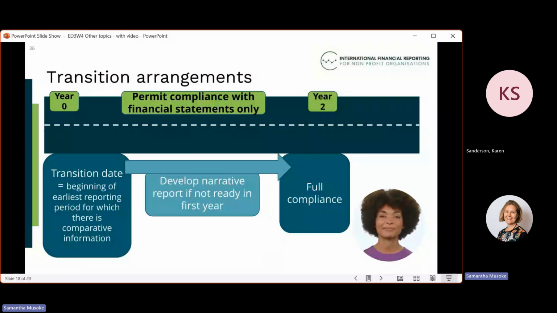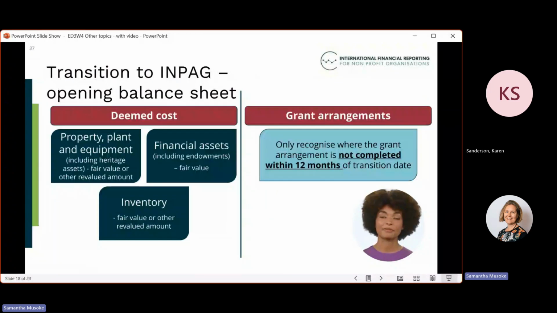This includes the assets and liabilities that relate to enforceable grant arrangements, EGAs. To ease transition, INPAG specifies transactions that do not require the retrospective application of INPAG. For example, only grant arrangements that are due to be completed more than 12 months after the date of transition to INPAG need to be included.